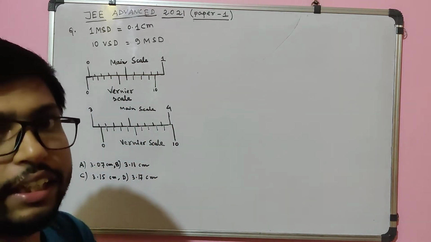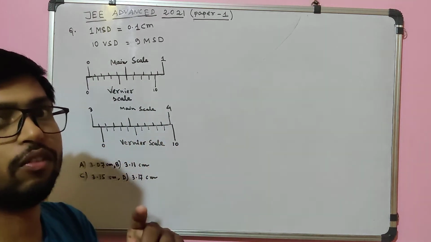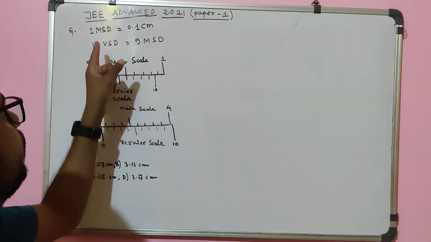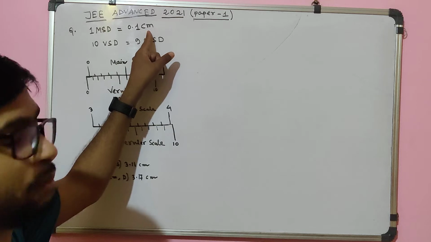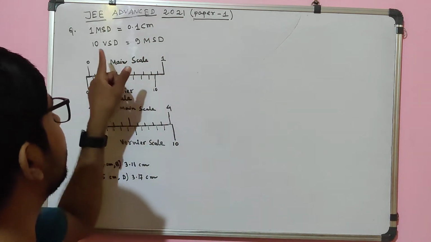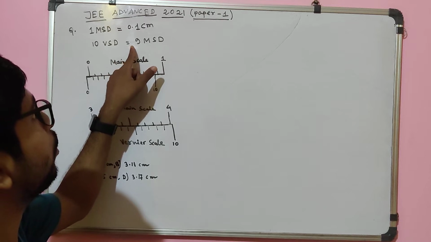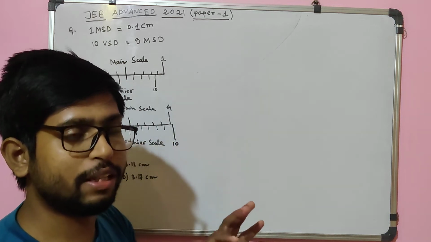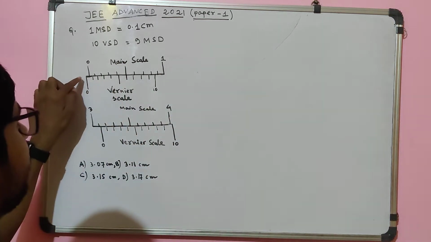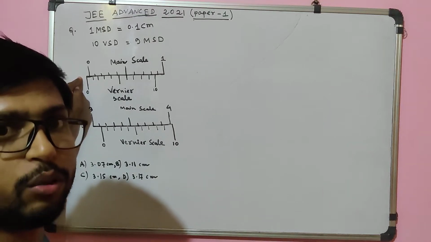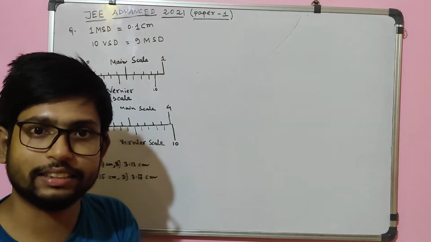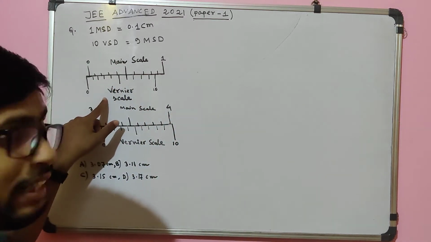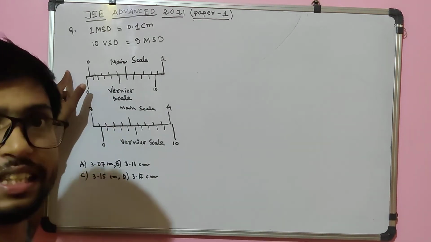The question is: if the least count of the main scale is 0.1 centimeter, that is, one main scale division is 0.1 centimeter, and 10 Vernier scale divisions coincide with 9 main scale divisions, and if there is no gap between the two jaws of the Vernier caliper, then the Vernier scale is behind the main scale.